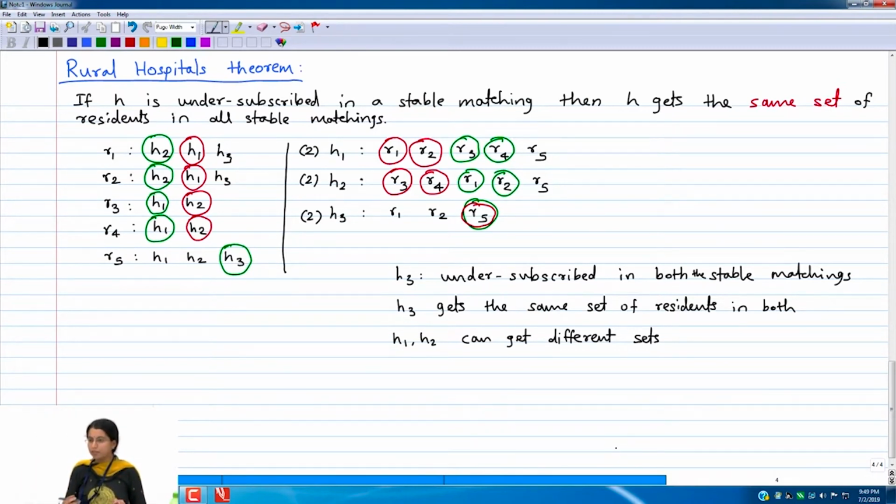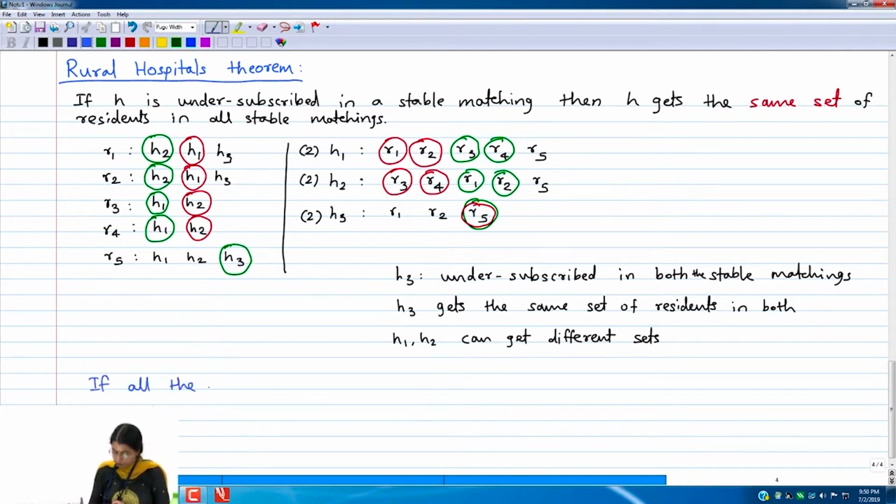So Nildara's question is that if all hospitals are undersubscribed in a stable matching, then is there a unique stable matching? So this is true, and it also says that every resident will get his first choice, because all hospitals are undersubscribed. They will never come to a stage of rejecting anybody. Right? So this is a very nice observation, and I will note it down.